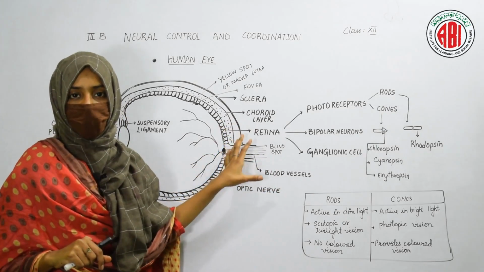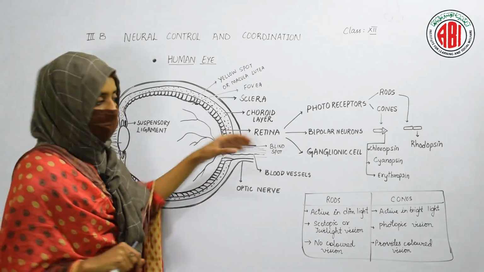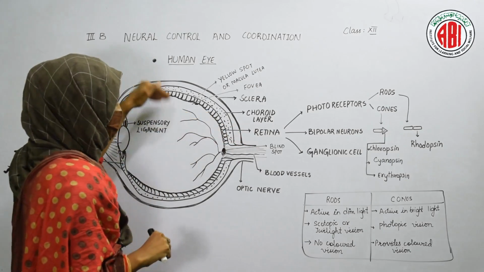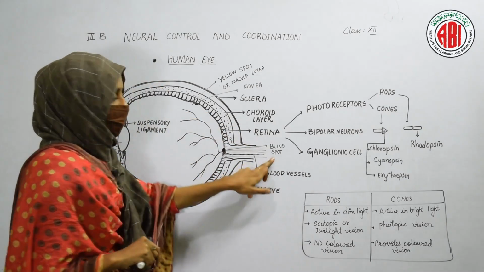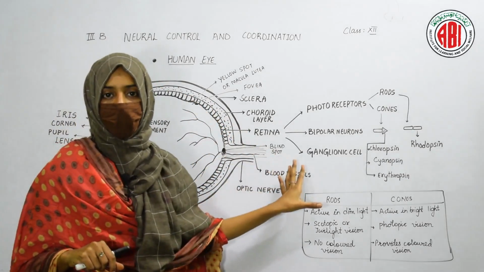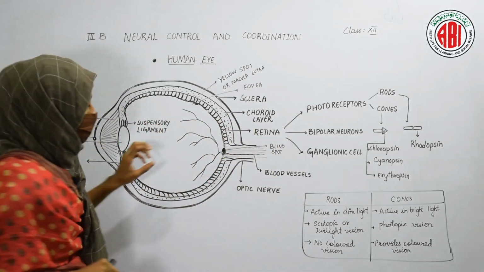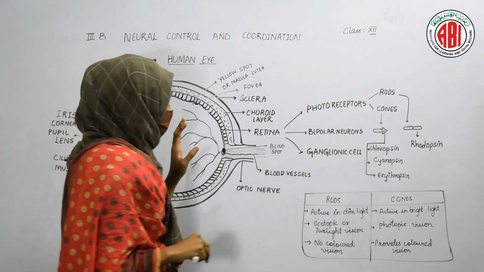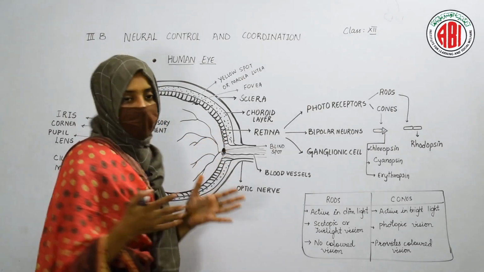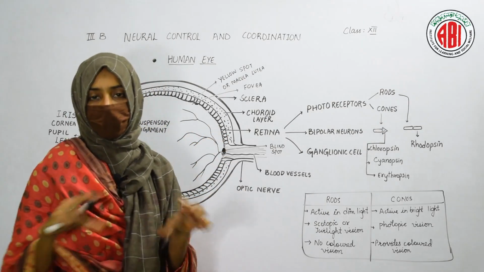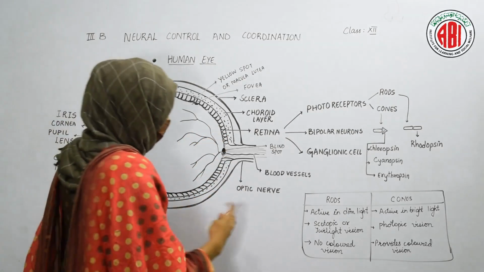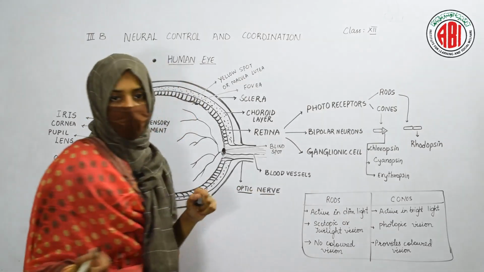So, blind spot is a way for both nerve cells as well as blood vessels. The blood vessels will enter into the eye through the blind spot, and the nerve cells will move out of the eye through the blind spot only. And these nerve cells, when they combine together, form a nerve. We call that nerve the optic nerve.